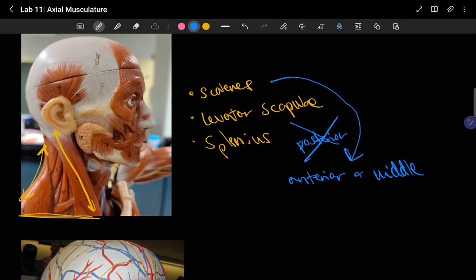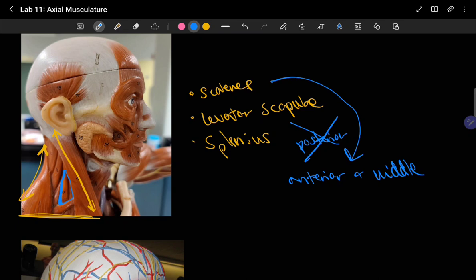There we go. Arrows all over the place. So anterior and middle scalenes are going to be these guys here, kind of that number 37 on our model. They're a little bit tucked under sternocleidomastoid, but they're going to be that most anterior part of our posterior triangle.